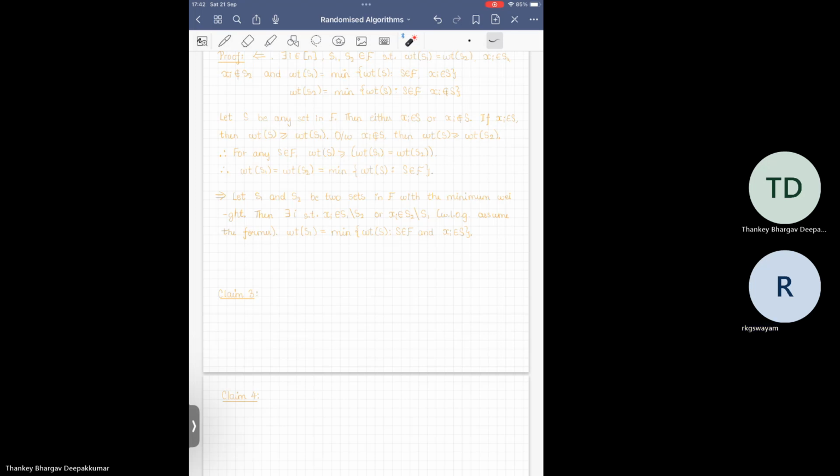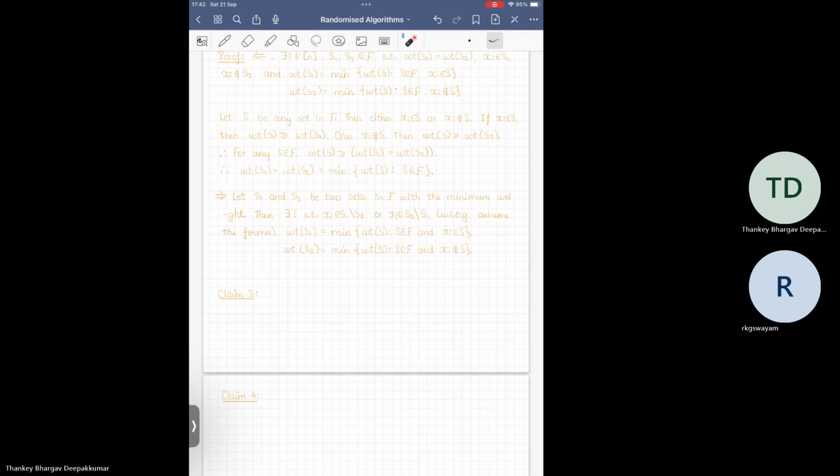Yes, because S1 also contains xi. Similarly, S2 does not contain xi, so S2 does belong to this set. And furthermore, the weight of S2 is minimum among all sets in F.